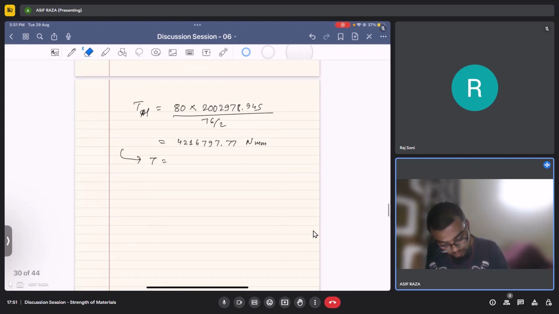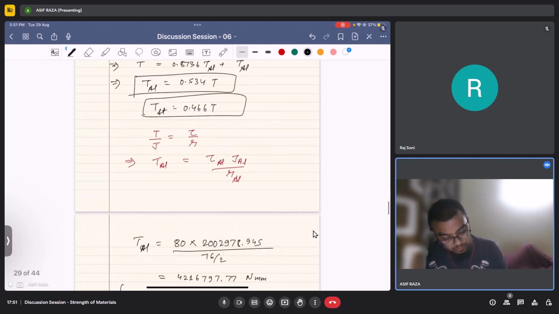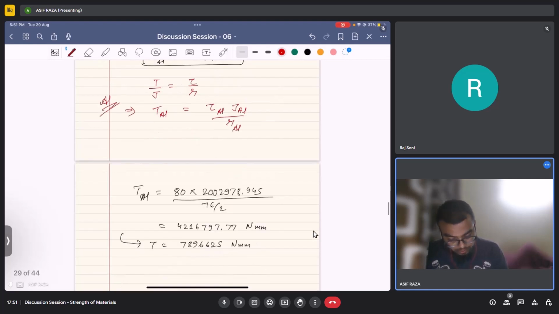So it comes around 7,896,625 Newton millimeter. So that is if I proceed through aluminium. Okay, take the case of aluminium.